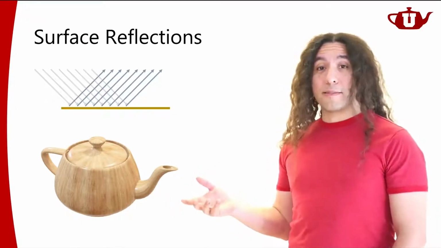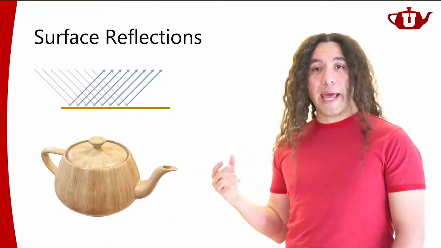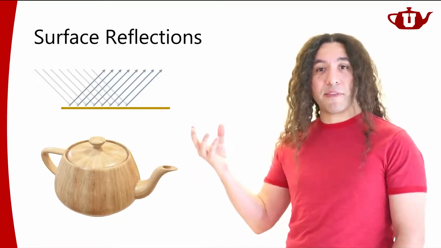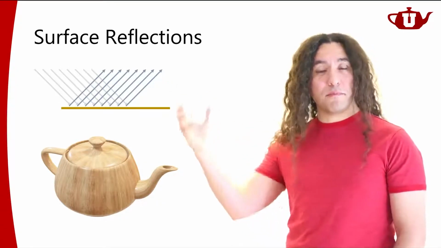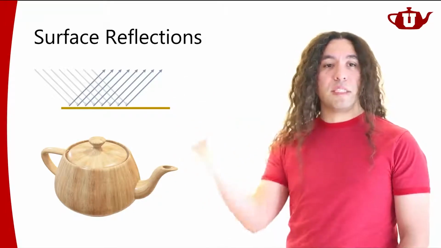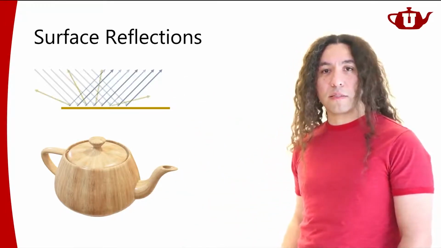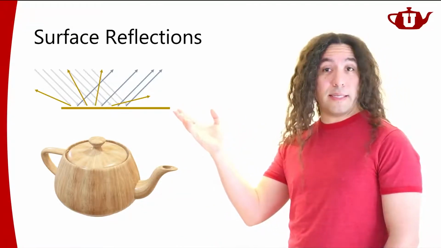This means that I have a mixture of the two. I have some light that's reflecting almost perfectly like this, and I have some light rays hitting the surface that are scattering diffusely in all sorts of directions. So I would expect to see something more like this, right?